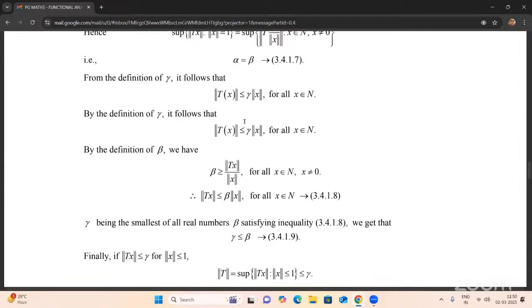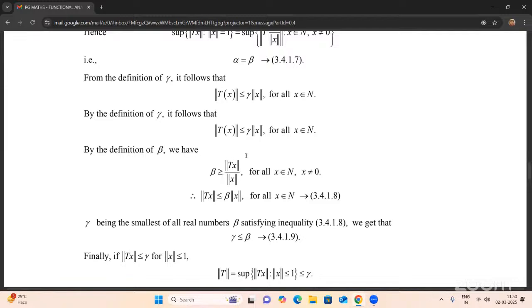In the same manner, gamma is also there. From the definition of gamma, norm T of x is less than or equal to gamma into norm of x. So dividing throughout by norm x, beta is greater than or equal to norm T of x by norm x.